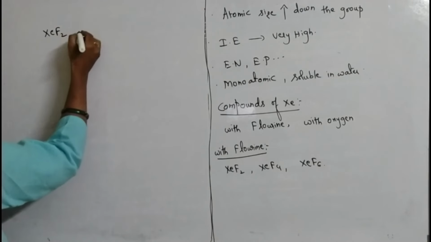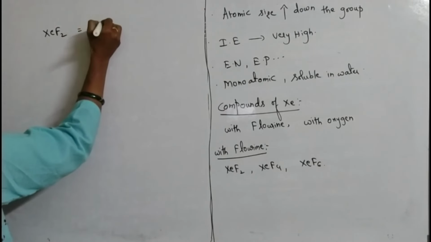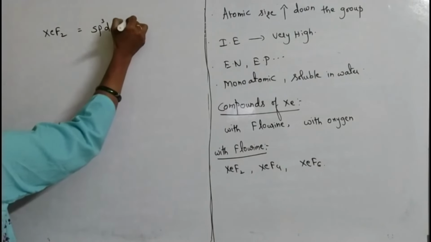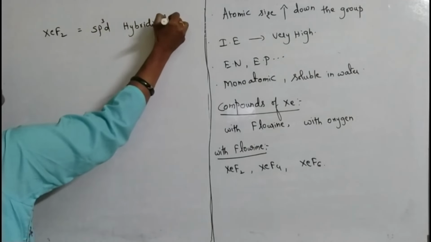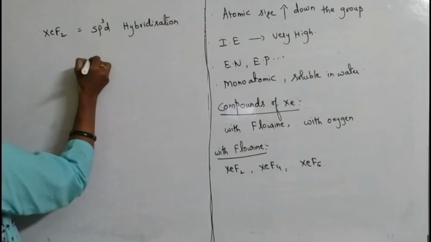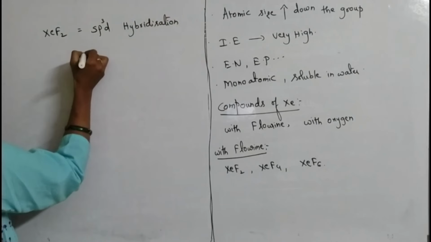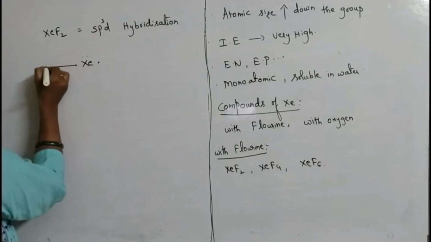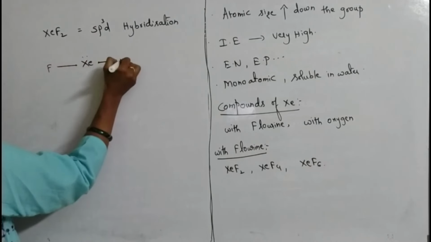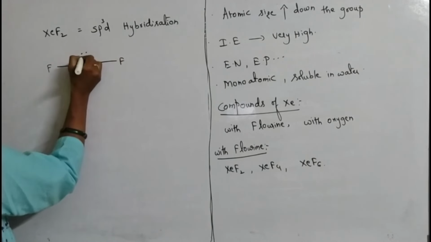For XeF2, sp3d hybridization will be there. Looking at the structure, xenon has 8 valence electrons. With the 2 fluorines, it will form 2 bonds, and you will be left with 3 lone pairs of electrons.